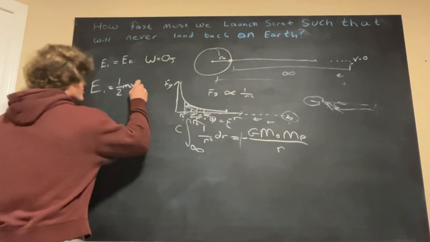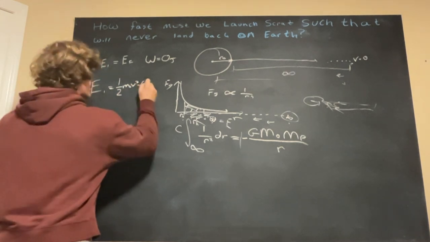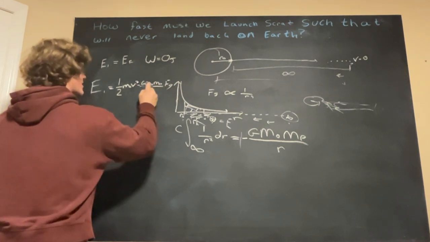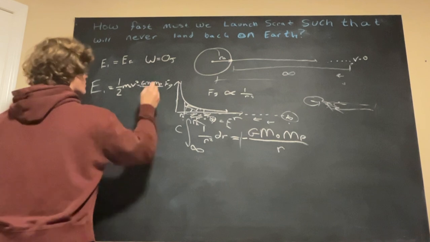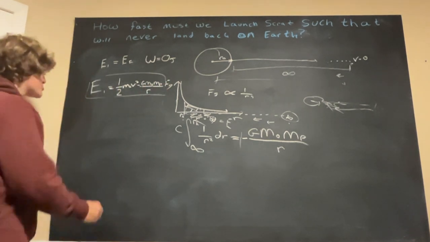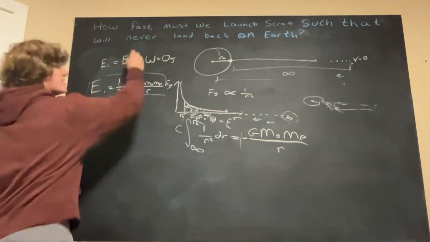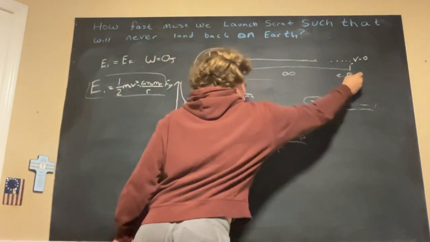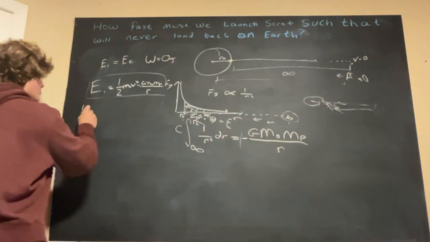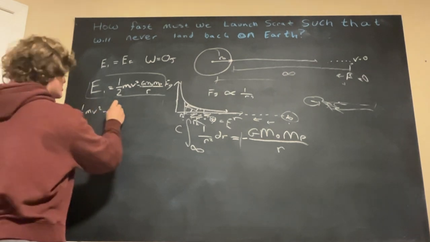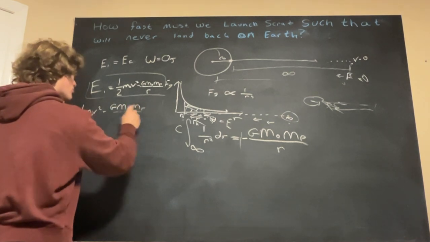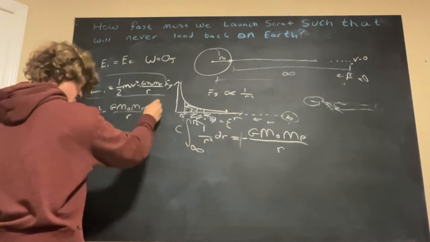So this is our answer for how much energy we have at the initial point. We have 1/2 mv squared plus negative G m_object m_planet divided by the radius of the Earth. This is our initial energy, and we also know E1 equals E_f, and the final energy is equal to 0, so 1/2 mv squared minus G m_o m_p over r is equal to 0.